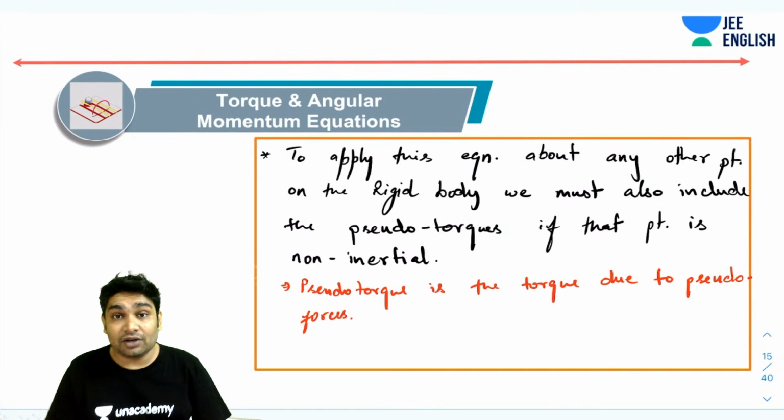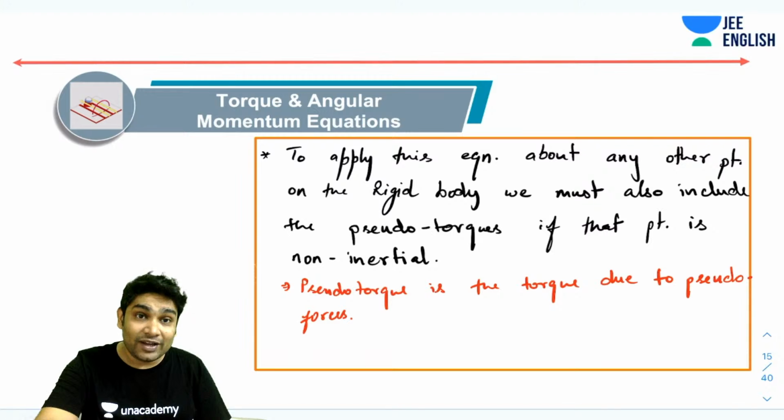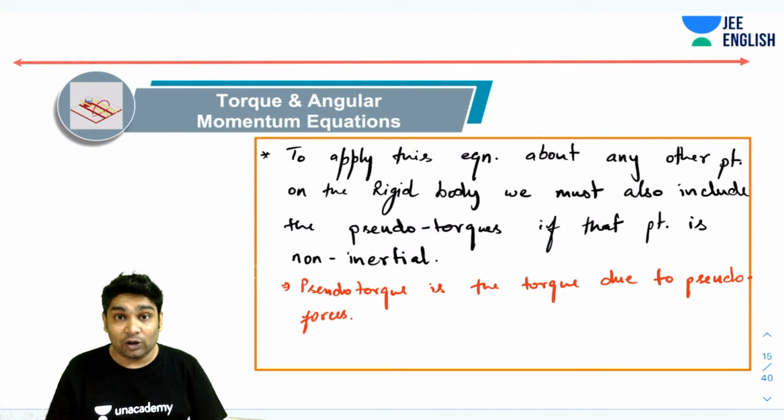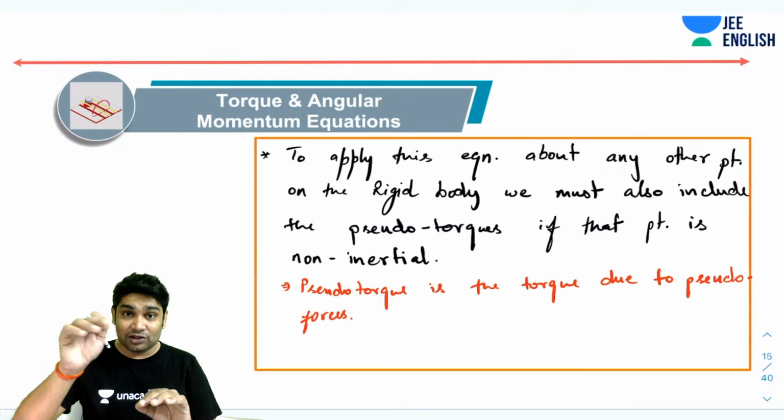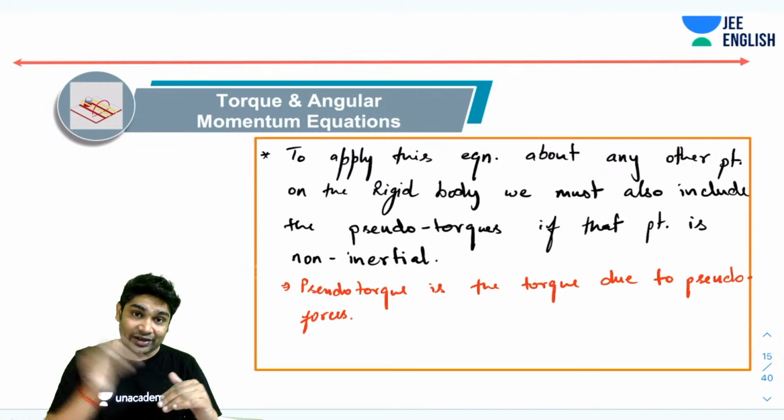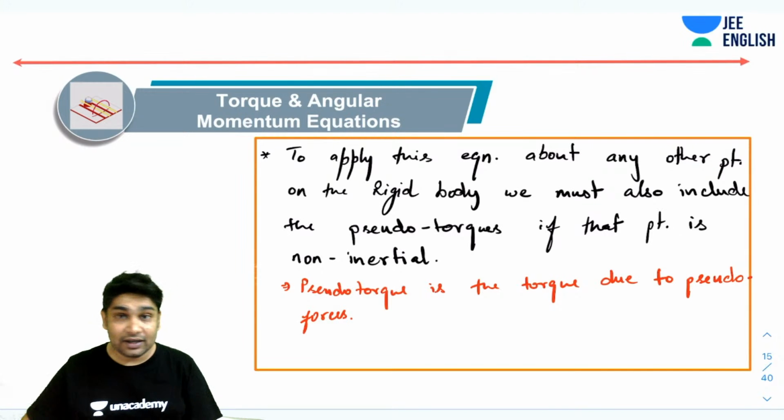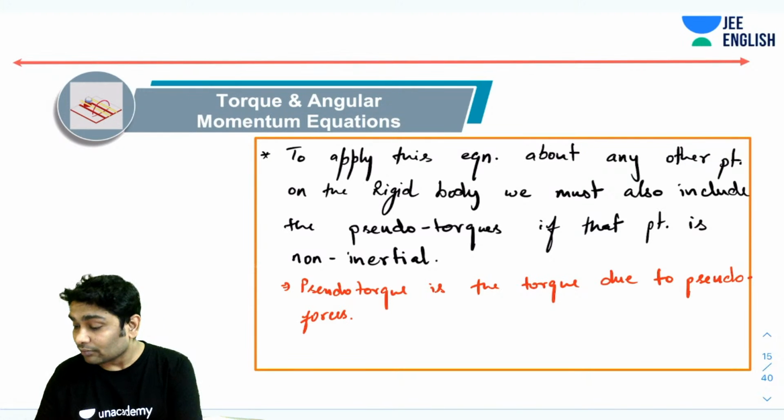So first, you need to remember that pseudo forces will always act on the CM of the rigid body. They always act on the center of mass. Okay. So for any pseudo torque, you just apply the pseudo force at the CM and then calculate the torque due to that force about the axis about which you're planning to use the tau equals I alpha equation.